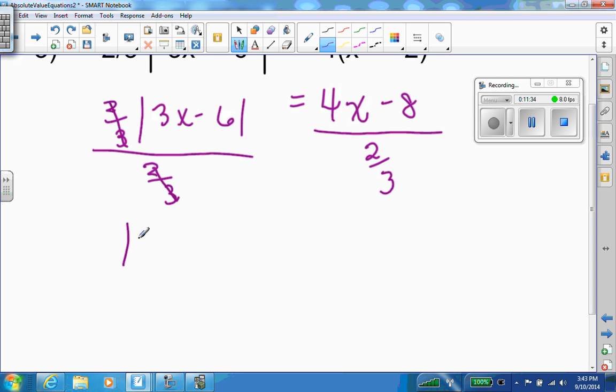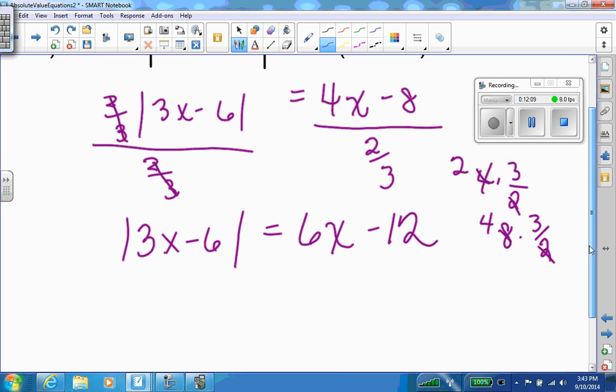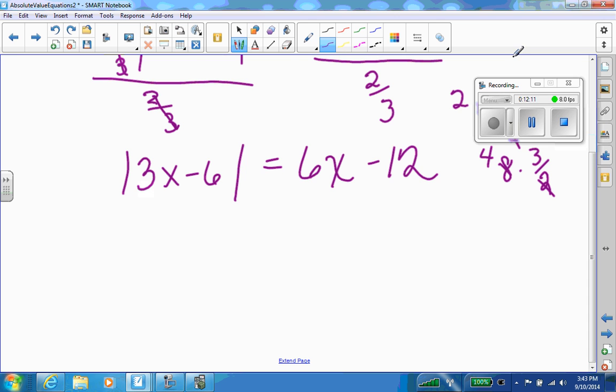And so I have absolute value of 3x minus 6 is equal to, here I'm going to be dividing 4 by 2/3, which is really 4 times the reciprocal 3/2. 2 goes into 4, 2 times, so it's 2 times 3, 6x, minus, we're going to do 8 divided by 2/3, which is going to be times the reciprocal 3/2. 2 goes into 8 4 times, so that's going to be 12. 4 times 3. Okay, so now that we have isolated the absolute value bars, we can set up two problems.